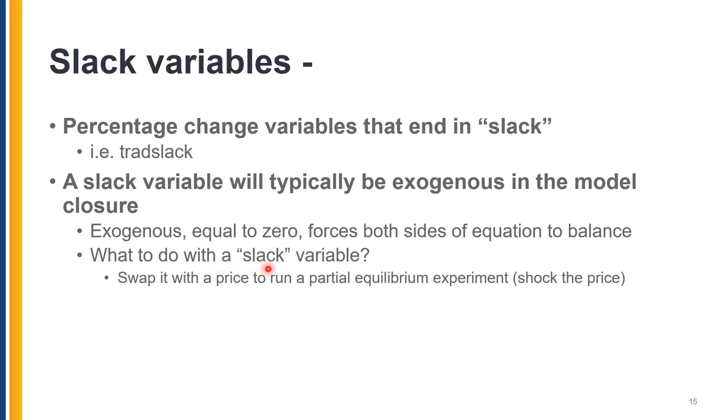Anywhere you see a slack variable, it is itself an advanced topic. We will talk about closure, and changing the closure comes in phase 2 of the model. For now, we're trying to make our way through all the things we can see and get a good primary definition of those. When you see a slack variable, one, recognize it should be exogenous under what we would call a normal closure for the model.